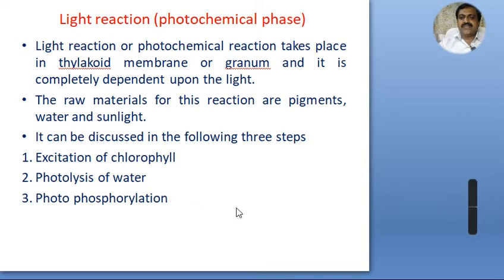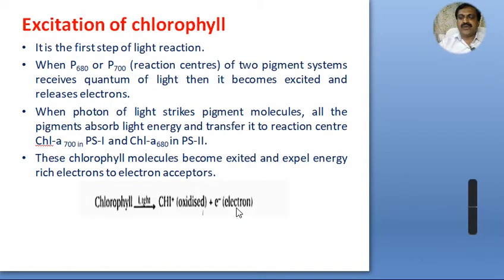If you consider the first one, that is photo excitation of chlorophyll A molecule, it means the photons of light which travel from the sunlight in the form of a bundle of light rays hit the chlorophyll molecule. All the pigment molecules, if it is PS1 250 and if it is PS2 300, in the chlorophyll absorb light energy.